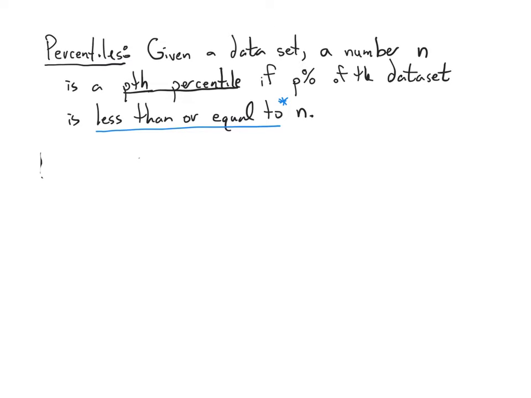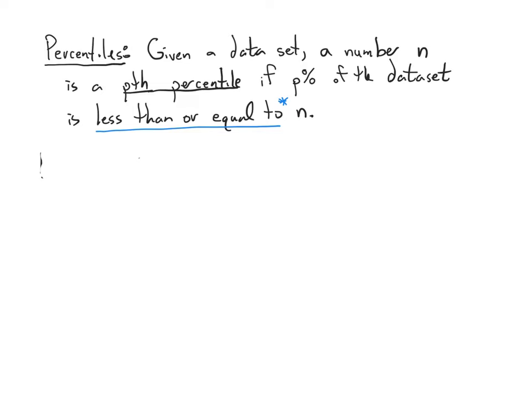In order to talk about the interquartile range, I need to explain what percentiles are. We're just going to have a bird's eye view of percentiles, because we're only going to care about 3 different percentiles. One of them we've already talked about. The idea of a pth percentile is a number where, if you have a data set, p% of the data is less than or equal to that number.